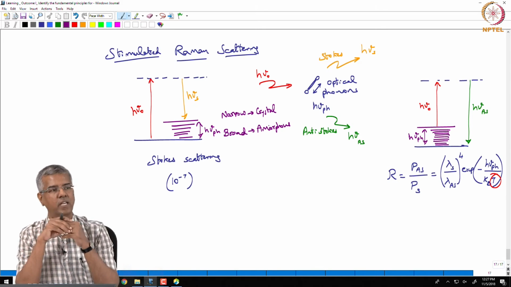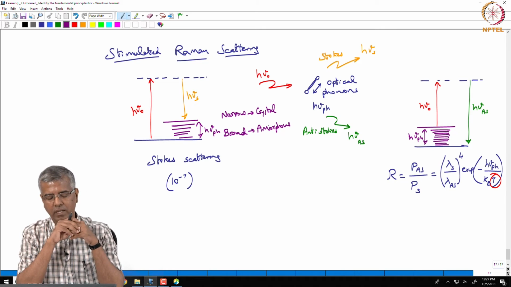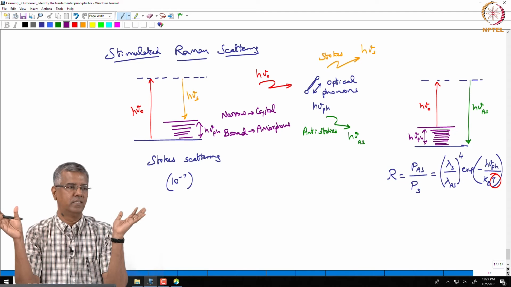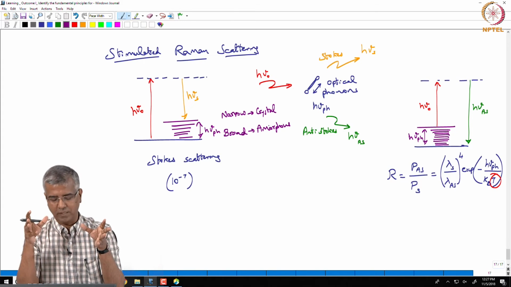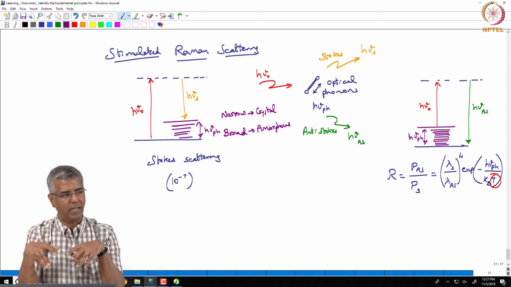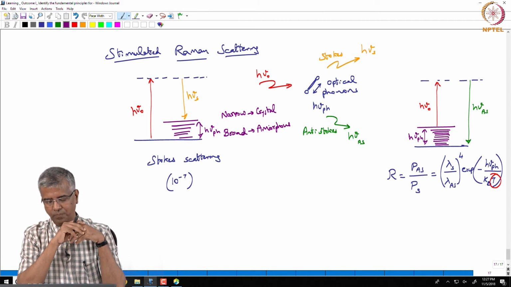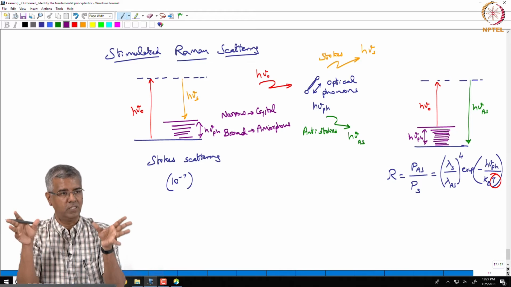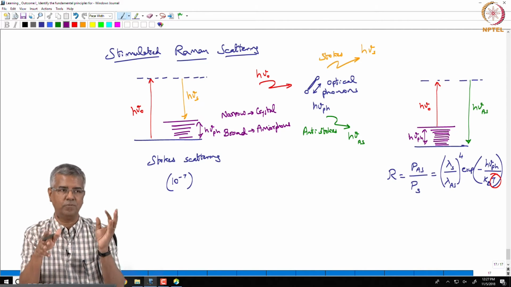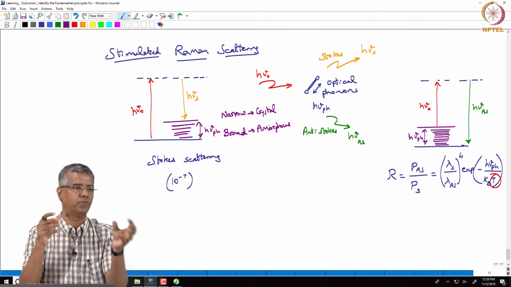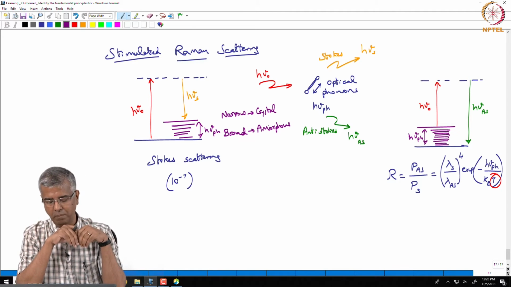You illuminate with one frequency of light, and then you look at the scattered light spectrum, and from the scattered light spectrum you can tell things like the phonon energy spectrum, and from the phonon energy spectrum you can actually classify all these different types of phonons that are present in the medium.